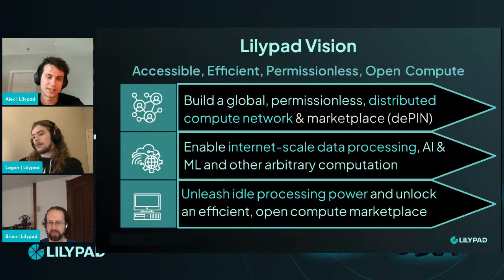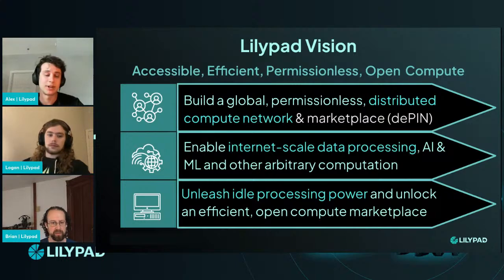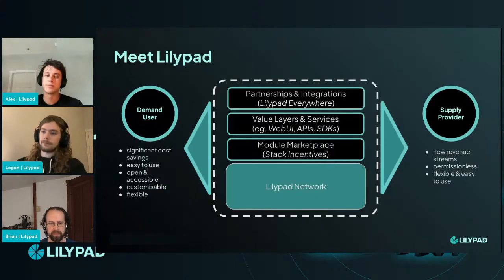So as it says, we're trying to enable internet scale data processing for AI and ML and other arbitrary compute, unleashing idle processing power, ideally GPUs from across the world.